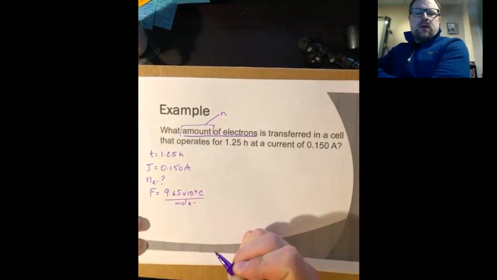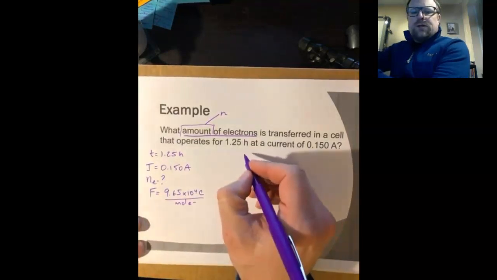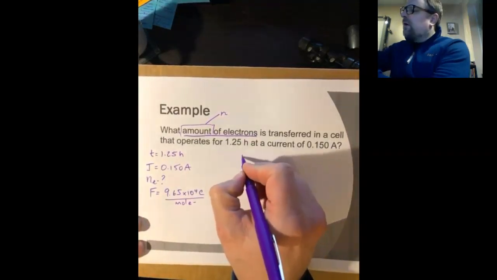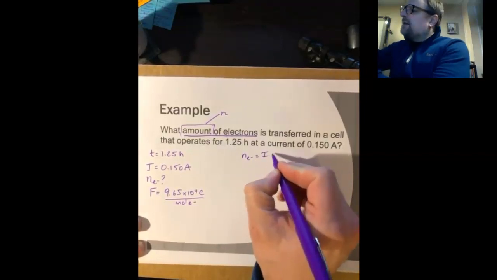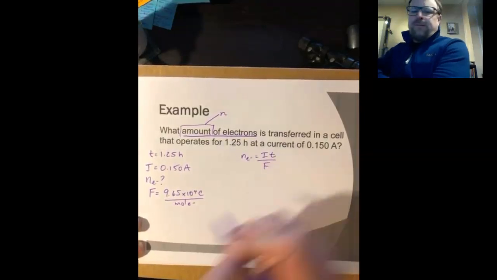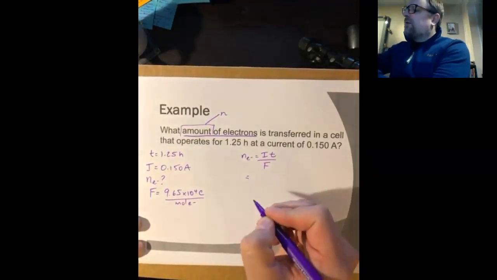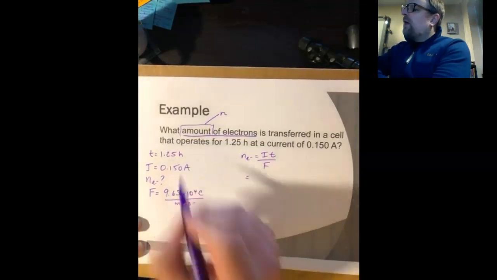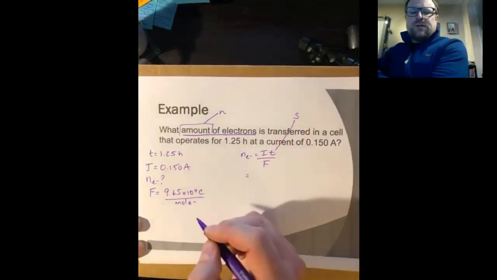Okay, so how are we going to tackle this? This is what we're given, this is what we're required. We're going to assess how we're going to solve this. Well, we can figure out number of moles of electrons is IT over F. So then we can just substitute in our values here. One thing I'm going to do, remember time here has to be measured in seconds.